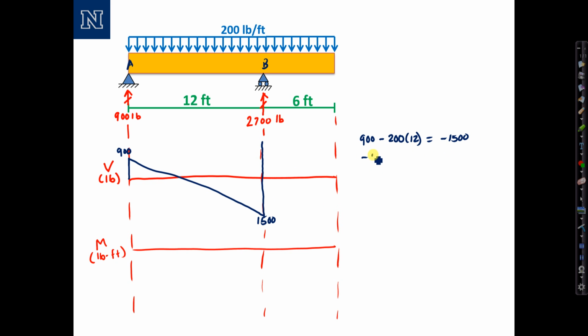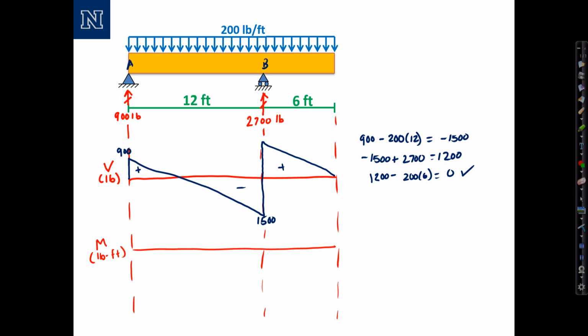The value at the top is negative 1,500 plus 2,700, which is 1,200. And then on the other side of support B, the shear is going to decrease again linearly. And the value at the end, 1,200 minus 200 times 6 equals 0, which is a good check because we know the shear should come back to 0 at the end.